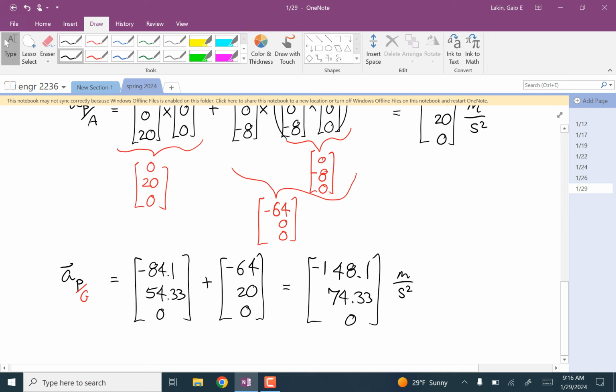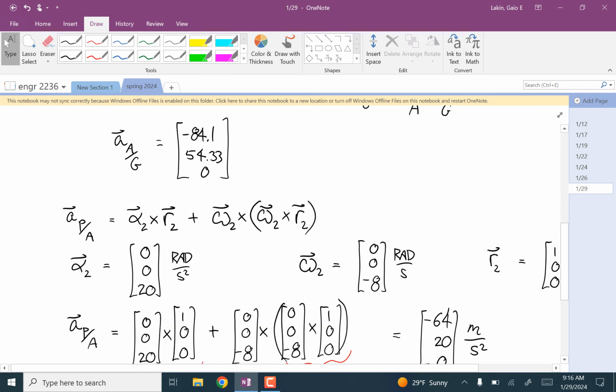Can you just add members and do this for more? Yes, exactly. If you had 40 members all connected to the ends or whatever, you just keep going along.